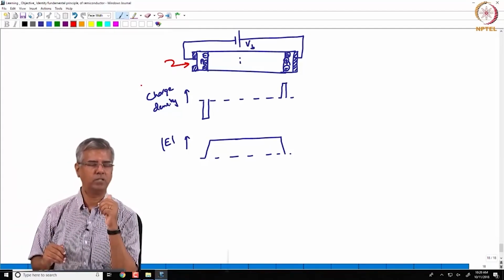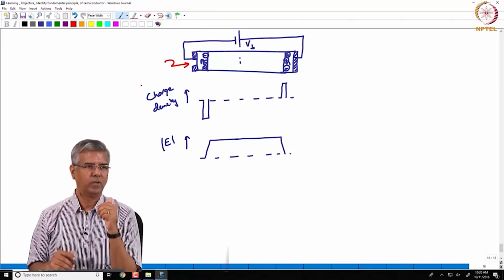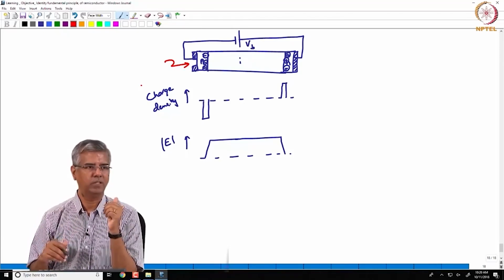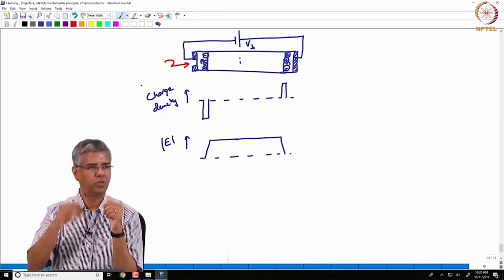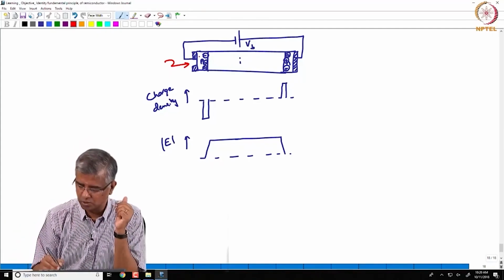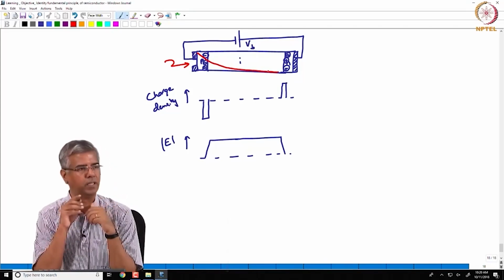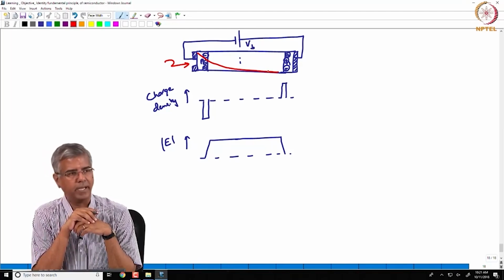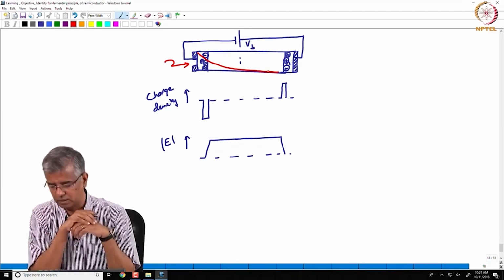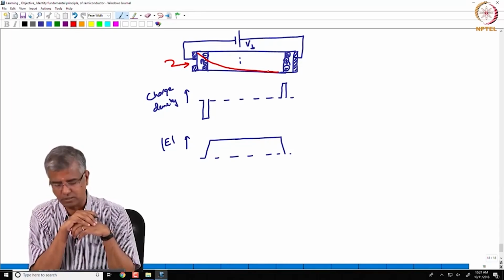And how is that absorption going to happen? What is the profile of the power as it goes through? That is going to go down exponentially. So you basically have an exponential profile for the light propagating through that structure.